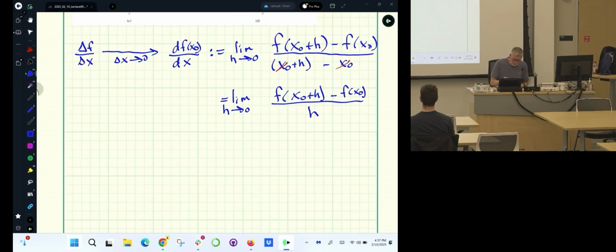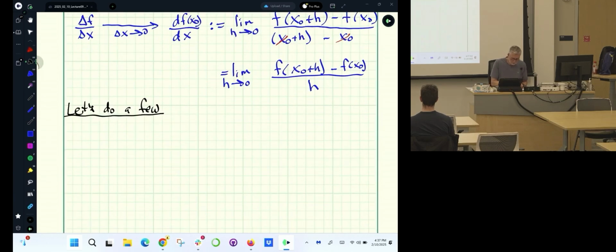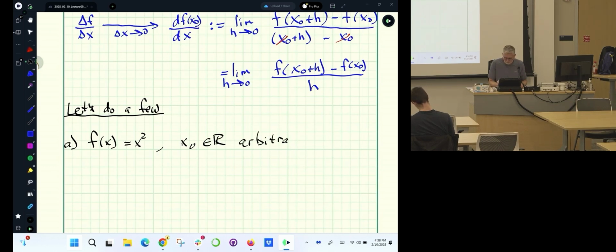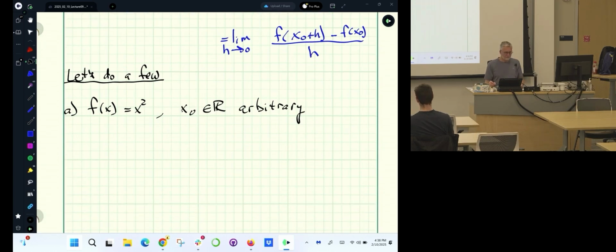So let's just get down and do a few. So we'll take f of x as x squared, and we'll take a point x0, an element of R, arbitrary. So then what is its derivative at the point x0?